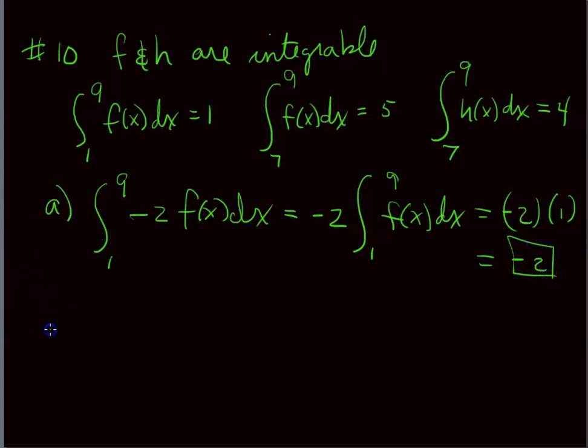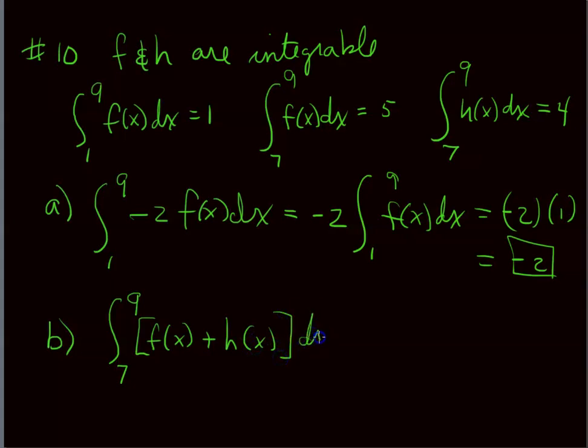We're going to just do one more from this, but these are the ideas. What is the integral from 7 to 9 of f of x plus h of x dx? Well, this comes from the integral 7 to 9 of f of x dx plus the integral of 7 to 9 of h of x dx.